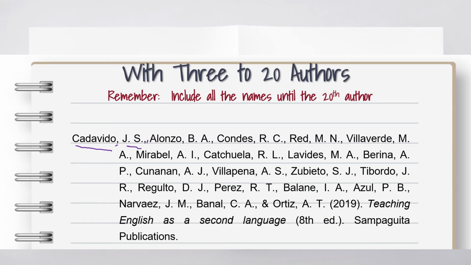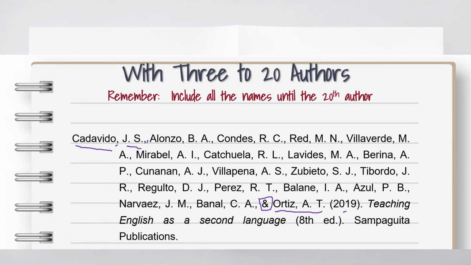If you already have the last or the 20th author, that is the time that you are going to write the ampersand symbol followed by the 20th author. And the rest will follow.